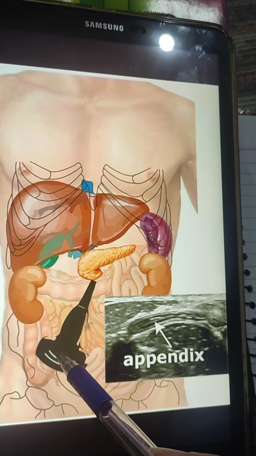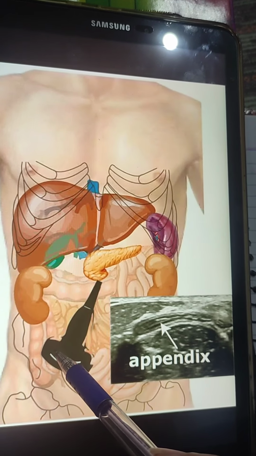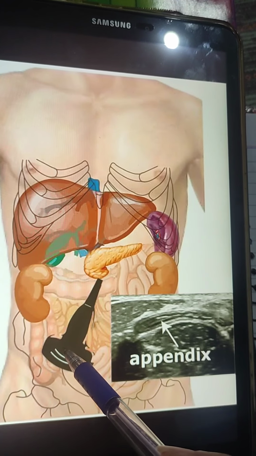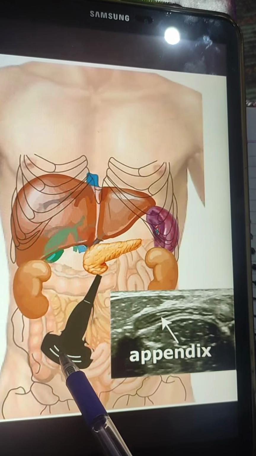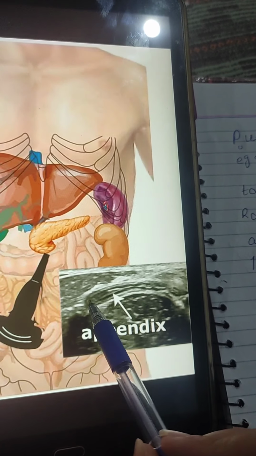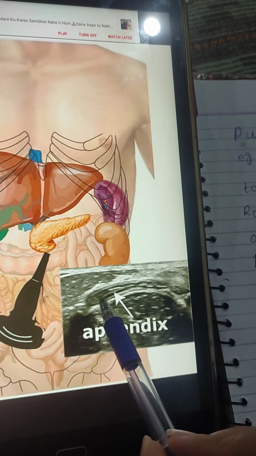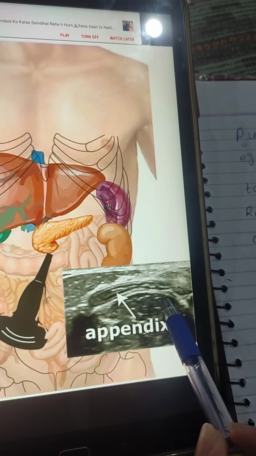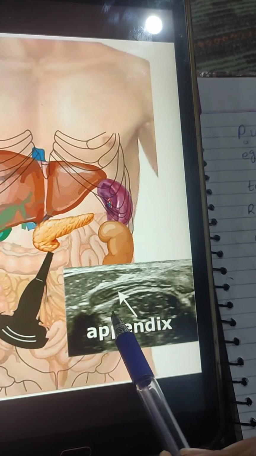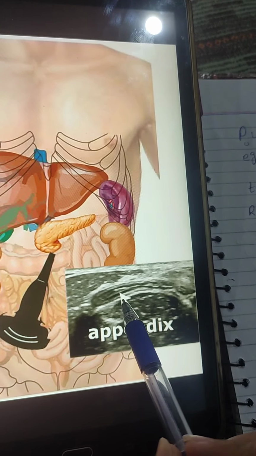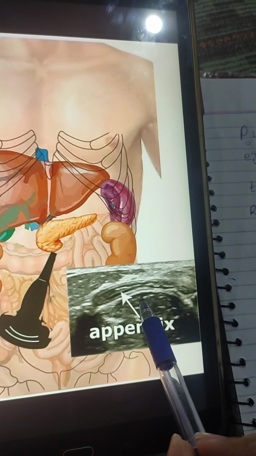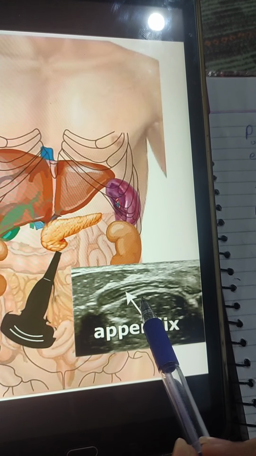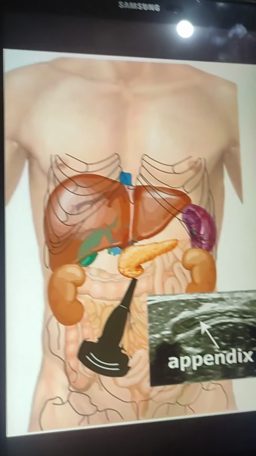We have to put our probe in this space, and we will locate the appendix. After putting the probe, we will see appendix on ultrasound like this. This finger like or worm like projection will be seen in the ultrasound, and that will be appendix. After that, we can measure the width and length of the appendix to see whether it is swollen, whether it is appendicitis or not.